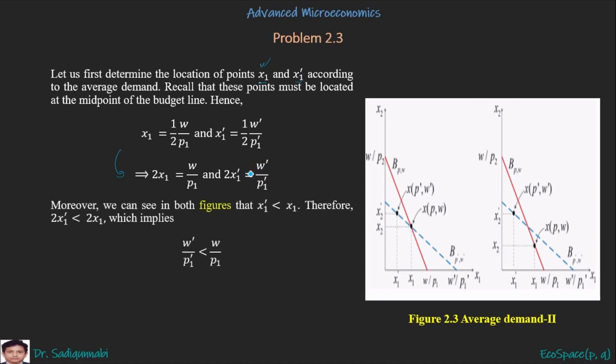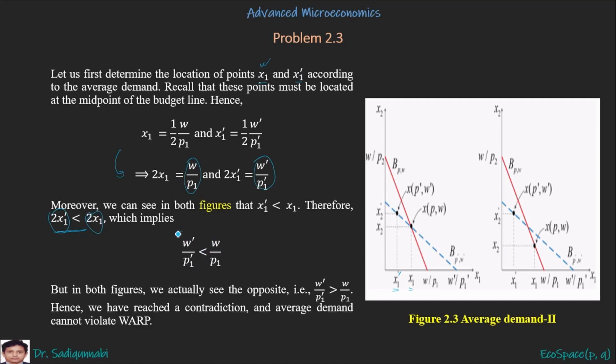Also we can see that in both figures, x1 prime is less than x1. Here is x1 prime and this is x1. Therefore double of these two points should also be less, which implies that W prime upon P1 prime is less than W upon P1.